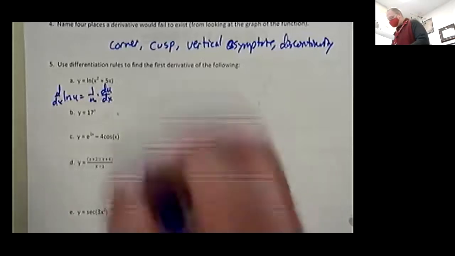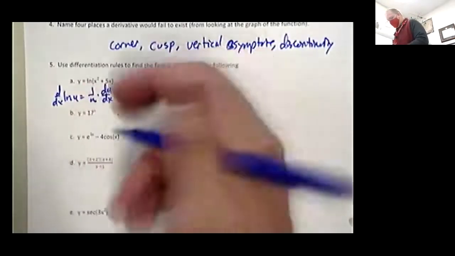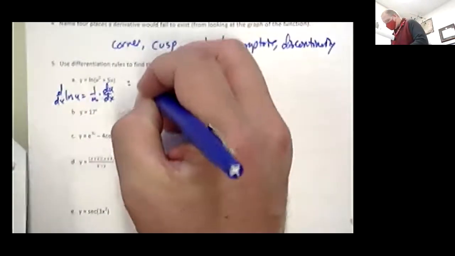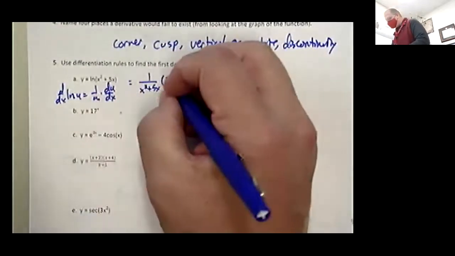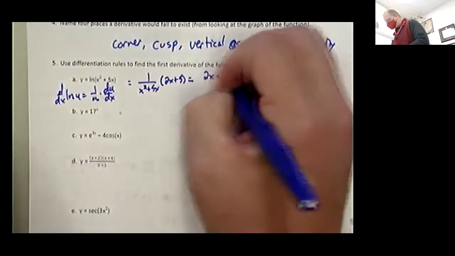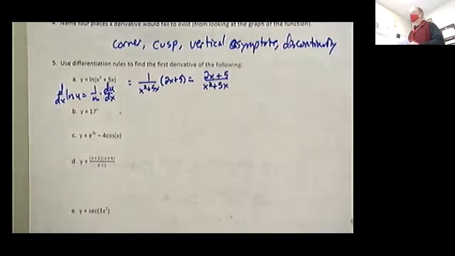So our u then is x squared plus 5x. I'm not going to show that substitution, but that's basically what we're doing. So that's 1 over x squared plus 5x times the derivative of the inside, which is 2x plus 5. That gives us the polynomial 2x plus 5 over x squared plus 5x.